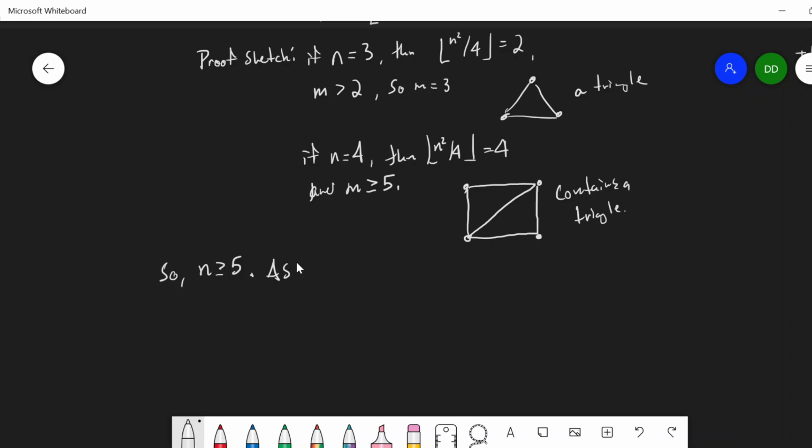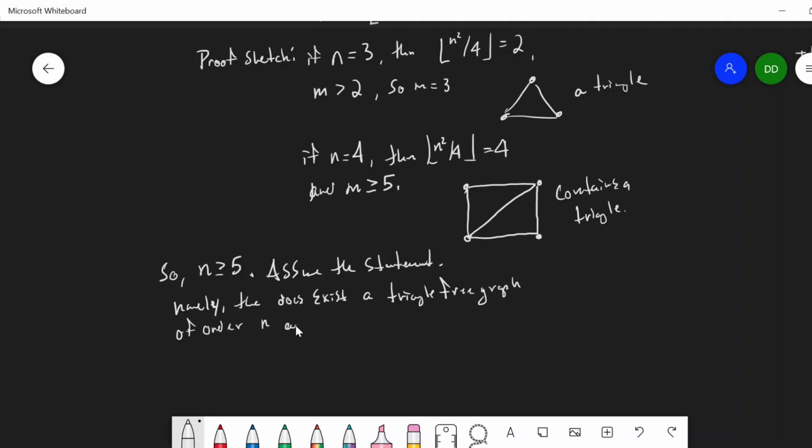And I'm going to assume the statement is false. Namely, there does exist a triangle-free graph of order n and size m greater than n squared over 4.